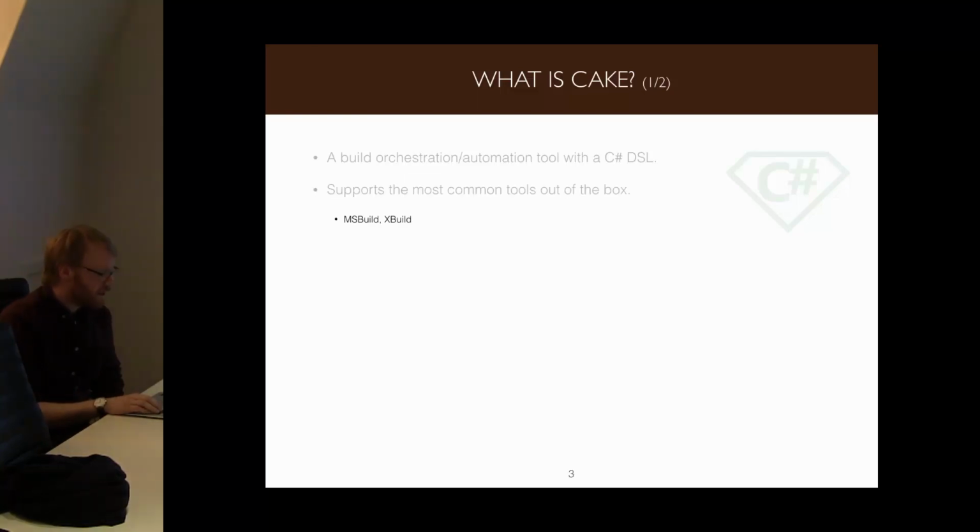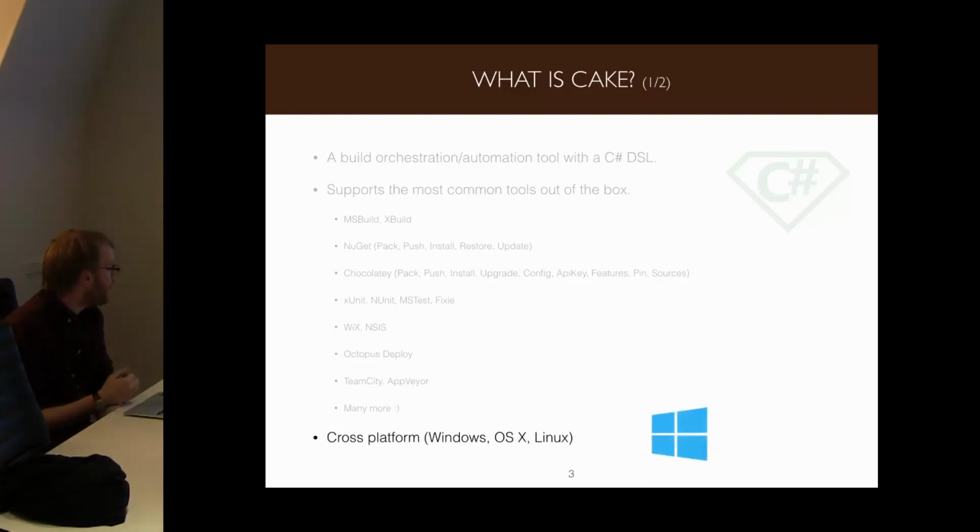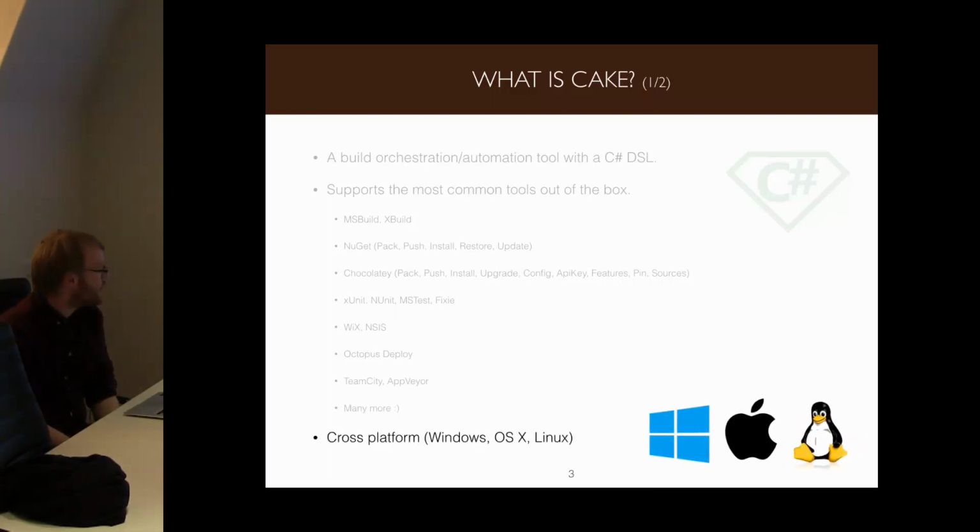So stuff like MS Build, Xbuild, NuGet for packing, pushing, installing, restoring, updating, Chocolatey, testing frameworks like XUnit, NUnit, MSTest, and Fixie, WiX and NSIS if you want to write installers, Octopus Deploy. It has support for build systems like TeamCity and AppVeyor, and a lot more. And it's cross-platform, so it works on Windows, OS X, and Linux at the moment.